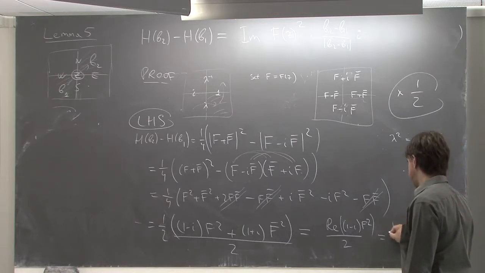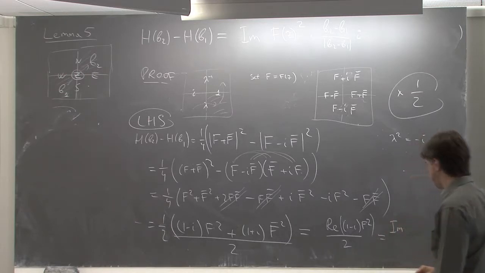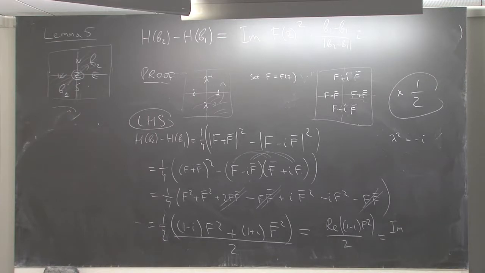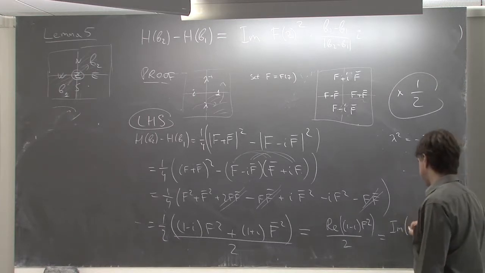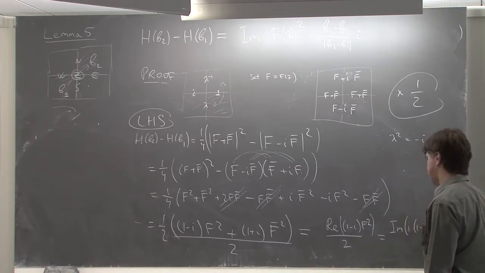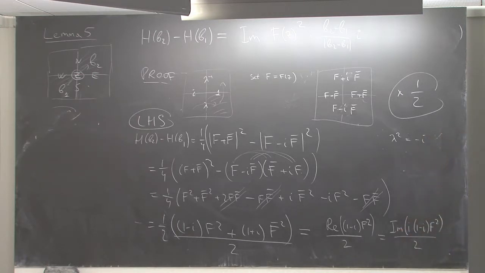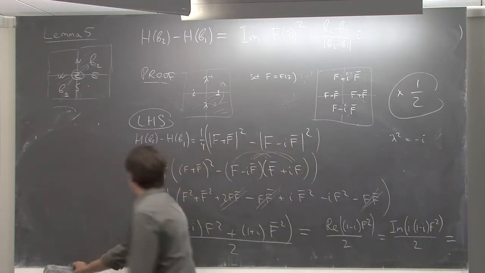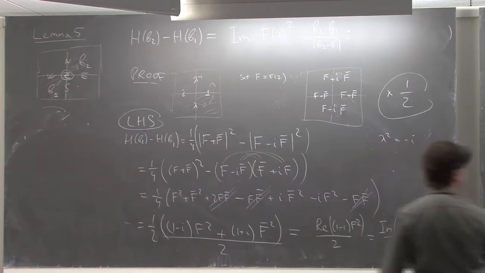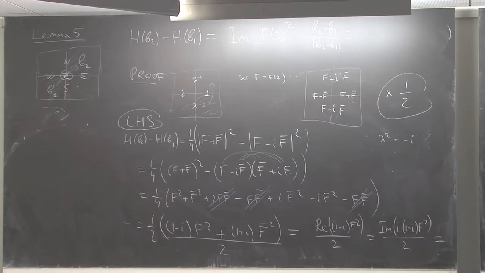And real part of something, it's imaginary part of the same thing multiplied by I. It's wrong. It's a chain of equalities which works if you write it from left to right, but not right to left. I don't know why. So now we are okay.